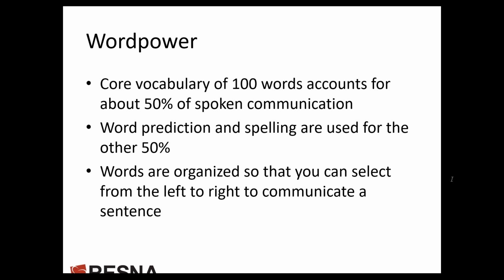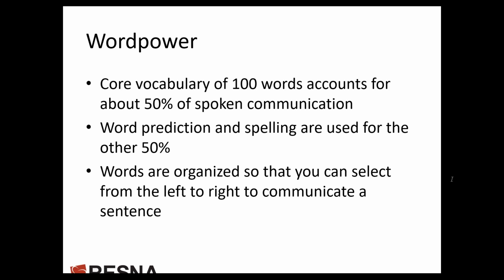So with Word Power, let's talk a little bit more about this one. It takes advantage of the fact that a core vocabulary of 100 words accounts for roughly 50% of the spoken communication, the spoken language. Word prediction and spelling are used for the other 50%.